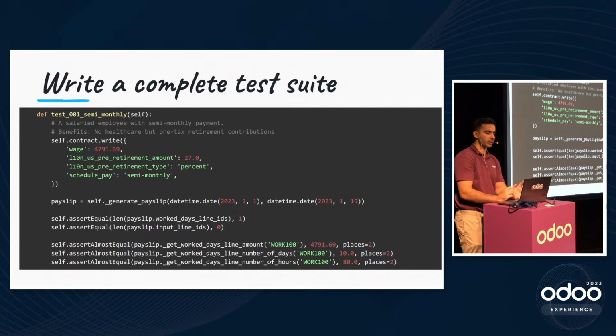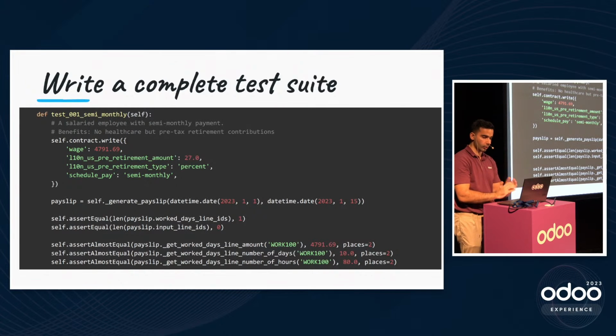Then we write a test method for all the different cases that you could have. Here, for instance, we test a payslip for a Californian employee who is paid twice a month with a wage of $4,791.69 and 25% of 401k pre-tax contributions. We generate the payslip for the first part of January, and we assert that we only have one workdays line.